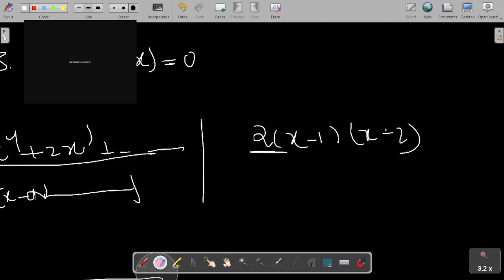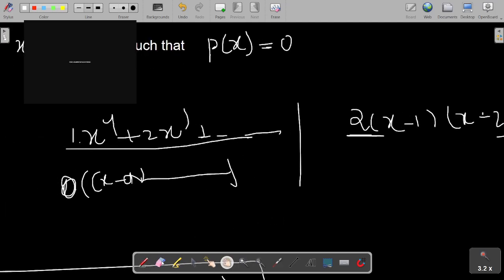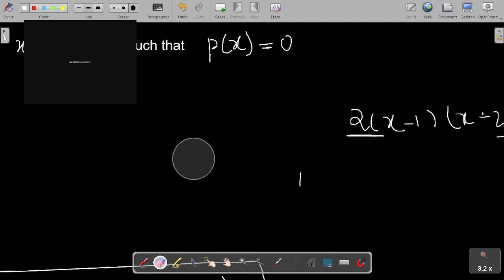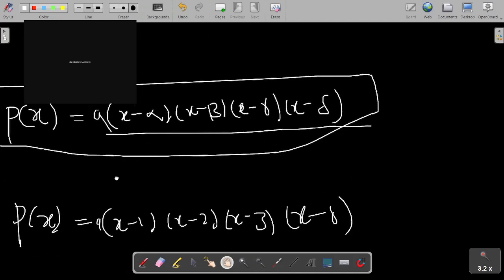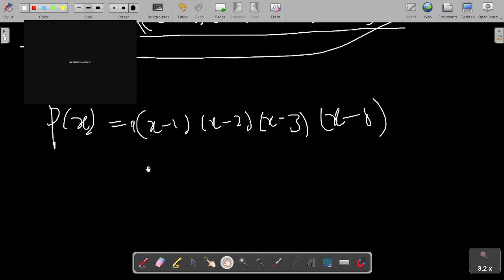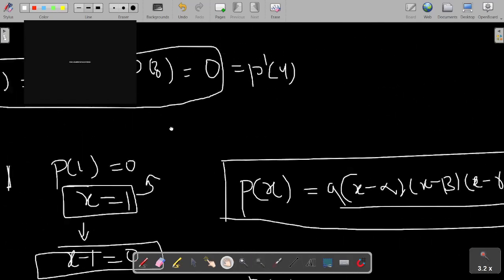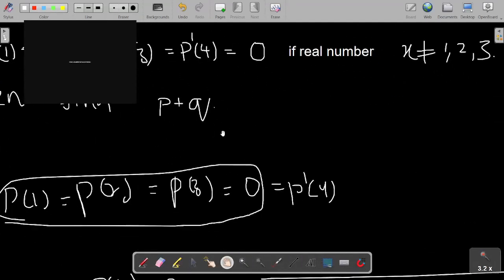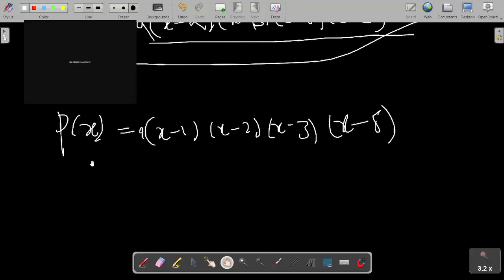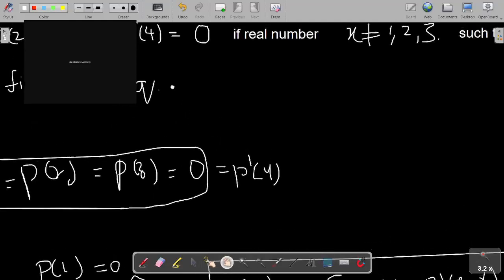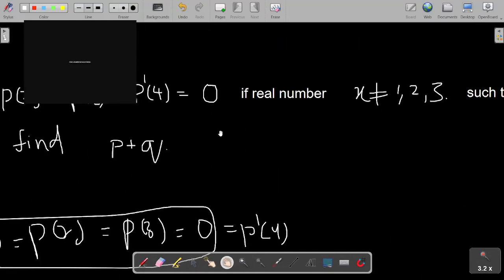So we do not know the coefficient of the highest power, so I'm writing only a, a general term. It will do the work for us. So now we wrote the equation. Let's move forward in this problem.